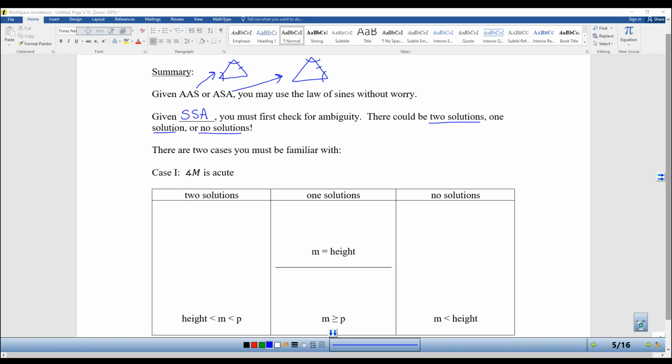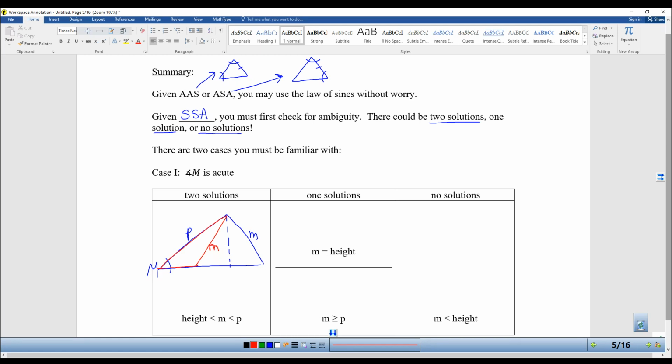So two solutions would be like the one we just did, where if you draw this height, and here's your angle M, which is acute, then this side M is less than this other side P. And that means you could draw the triangle like this, or you could draw the triangle like this. M could have been drawn this way.